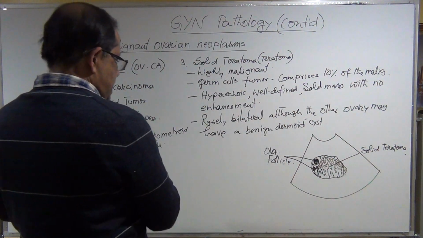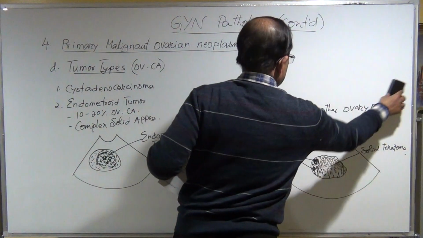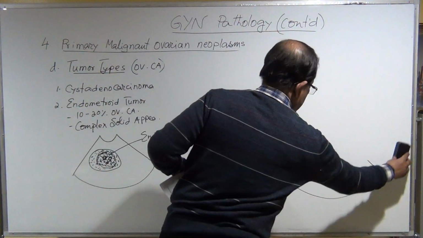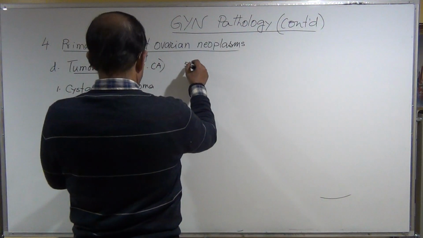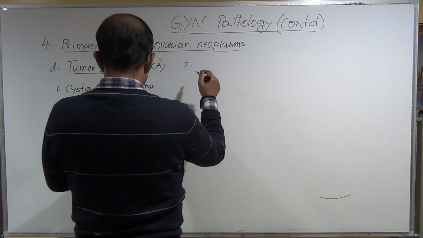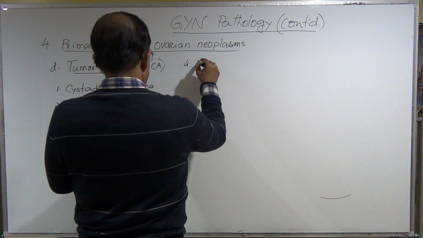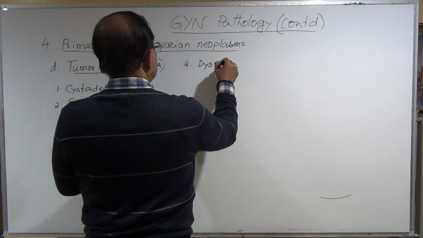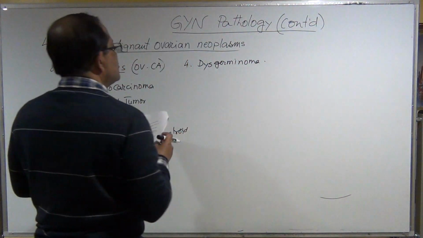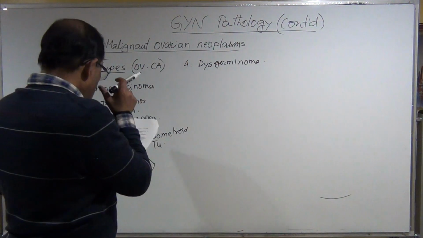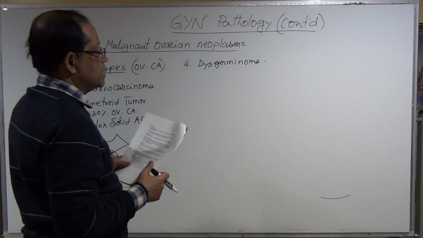And the next one is germinoma. This is an interesting tumor. Sorry, it will be number 4. Dysgerminoma of the ovary. It is a counterpart of the seminoma of the testis.